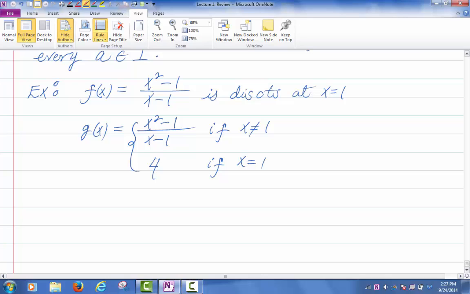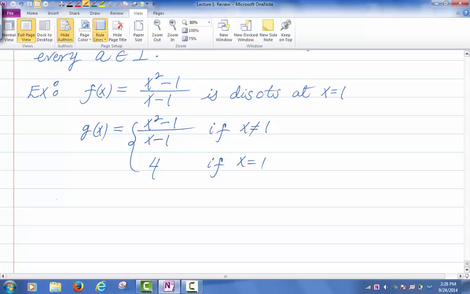Why is it discontinuous? What's the limit of g at 1? Yeah, the limit.